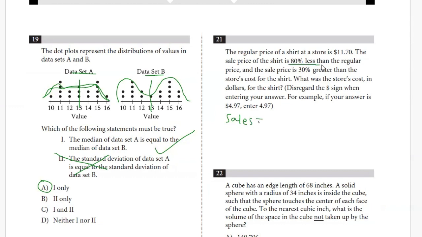Since it's 80% less, I'm going to subtract 80 over 100 from 1, and it becomes like this. So 0.2 times the regular price, and the sale price is equal to, since it's 30% greater, you need to add 30 over 100 to 1.